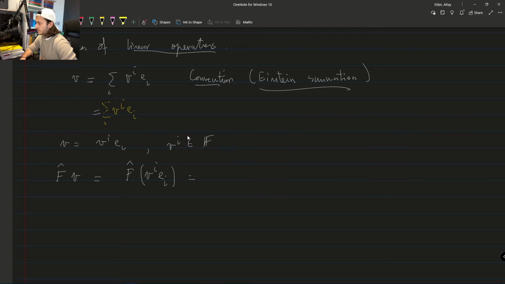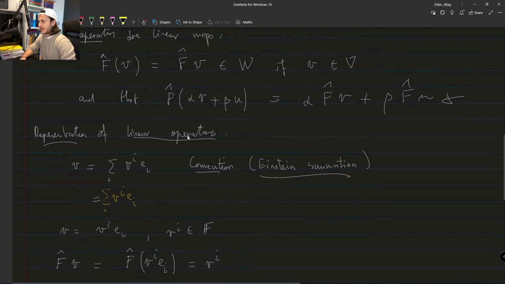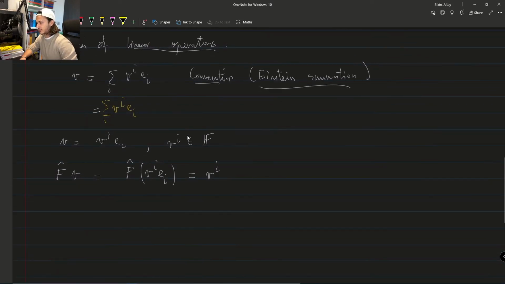Because this is a number, the operator won't act on it, so you can basically pull it outside. It's exactly this linearity property. And then we have f on e_i, the basis. So it acts on the basis.